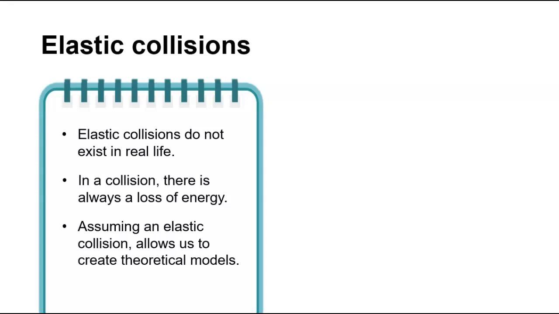The analogy is kind of like talking about friction. There's no such thing as a frictionless surface, but sometimes we neglect friction or pretend that the surface is frictionless so that we can just look at something theoretically. We do the same thing for elastic collisions. Sometimes we assume a collision is elastic just so that we can talk about a theoretical model.